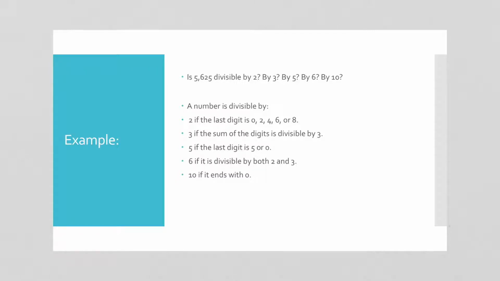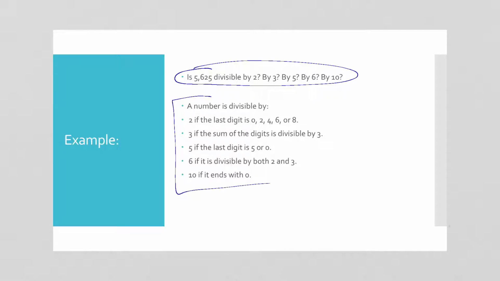Okay, so we are wondering about this right here, and I placed these rules on this page so that we could remember them. Okay, so is 5,625 divisible by 2? Well, we can say no because the last digit is a 5, so it's not an even number.